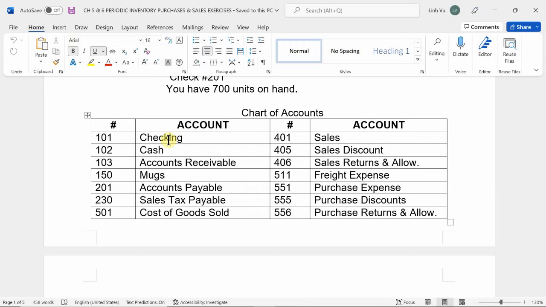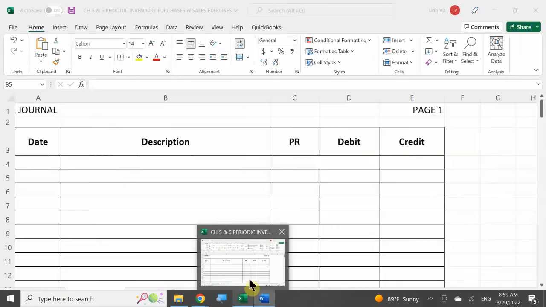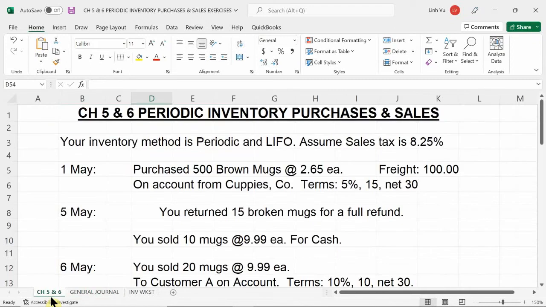Was there sales tax charged? I believe they said we're doing the sales tax at 8.25%. Now in this case, that is for customers only. Okay. And we're placing it on an account. So what does that tell me if I place it on an account? Payable. Accounts payable. Good.